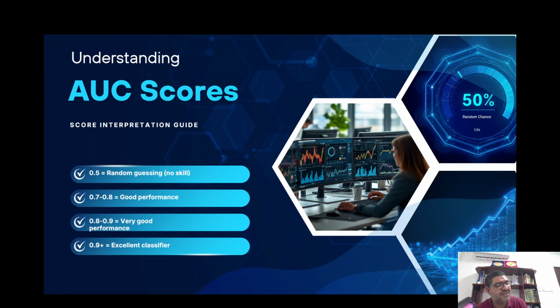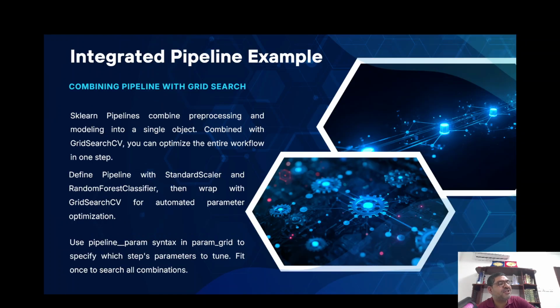And 0.9 plus is an excellent classifier. If values are less than 0.5, it is useless, because it is worse than random guessing. So these ROC AUC values are very critical for certain implementations.